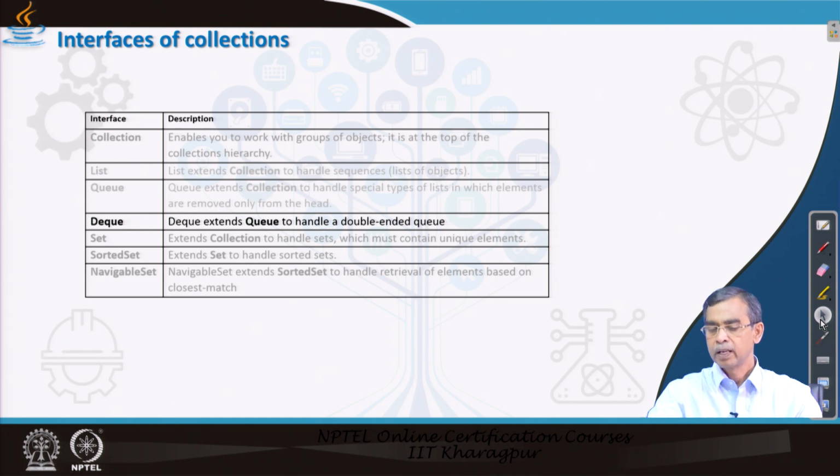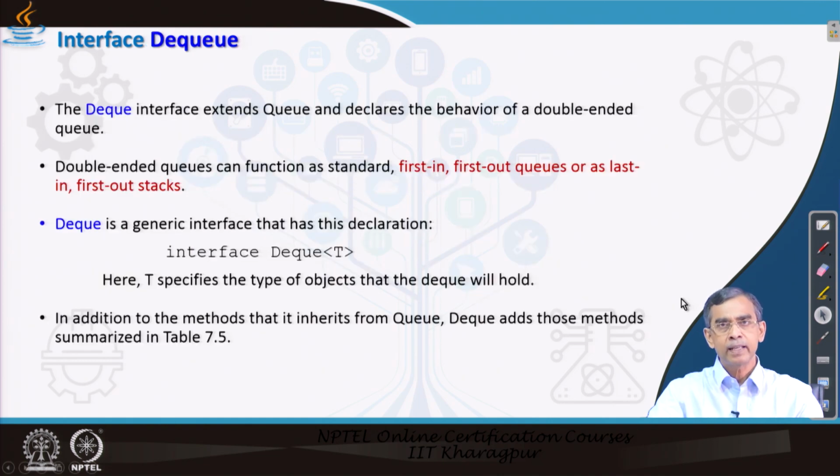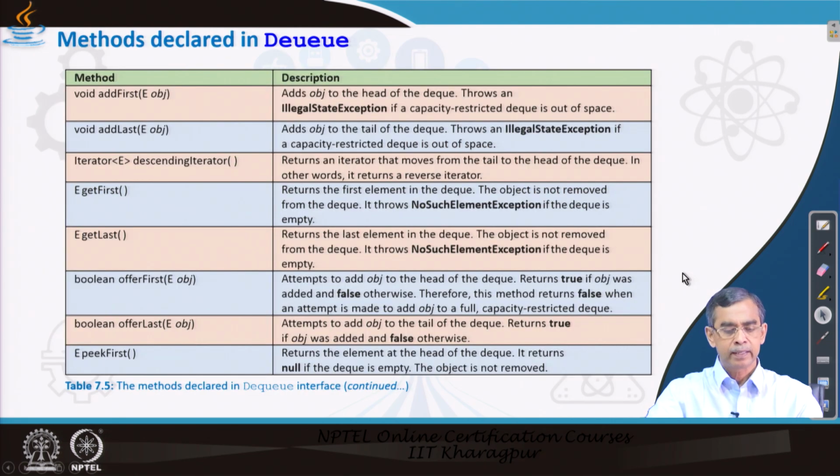Like queue and other lists, they also allow you to store any type of collection. That is why the template, and there are many methods with similar names. All the methods are basically to add and remove, or check whether it is empty, or return a part of the list, and all these things are there.